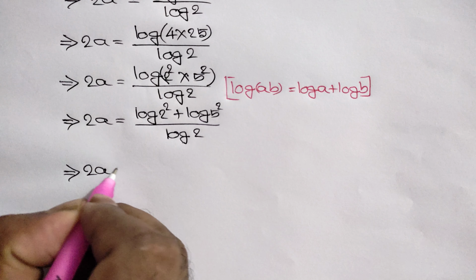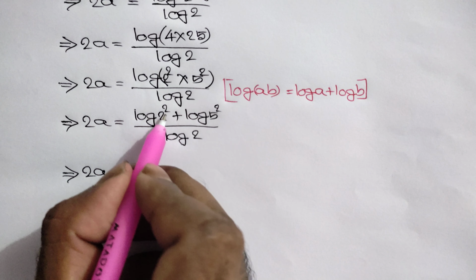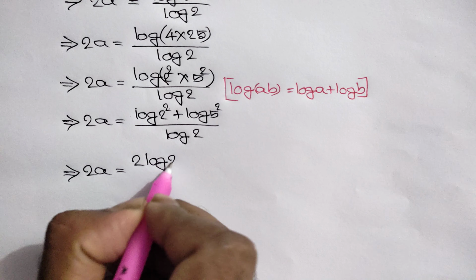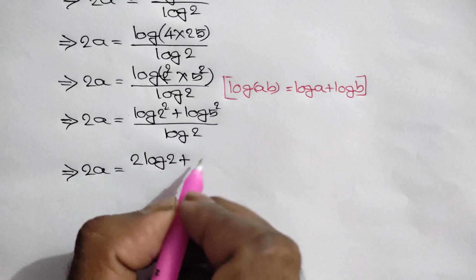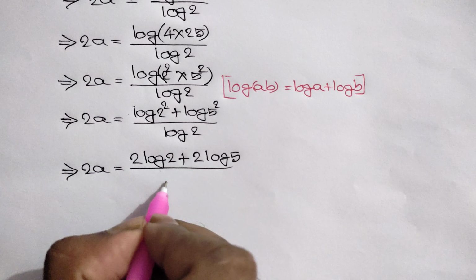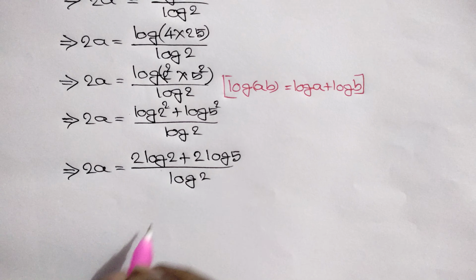Now this 2 moves in front, so we can write 2 log of 2, plus, similarly this 2 moves in front, so we can write 2 times log of 5, all over log of 2.